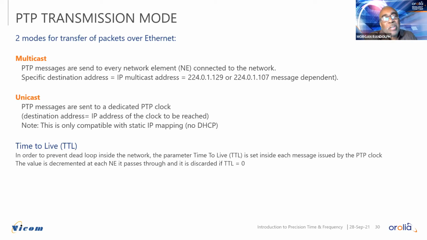So you should see that decrement as it goes through the network. I believe they start off at 128, and as it hits a hop, it'll drop to 127, and the next hop would be 126. If you get all the way down to 0, then it will discard the packet so that the packet isn't continually in this loop.